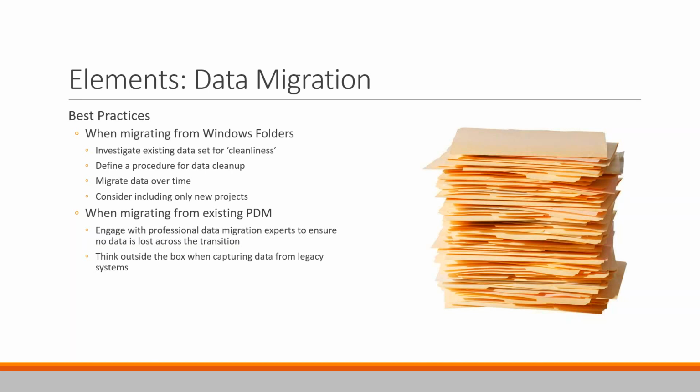And then if you've got legacy systems like a legacy Access database, think outside the box in terms of functionality for how you can capture that data. A good example is the item functionality in Vault Professional. Items in Vault Pro are designed to have bills of material and be linked together, but they're just, in my mind, records that carry property data and can be linked together.